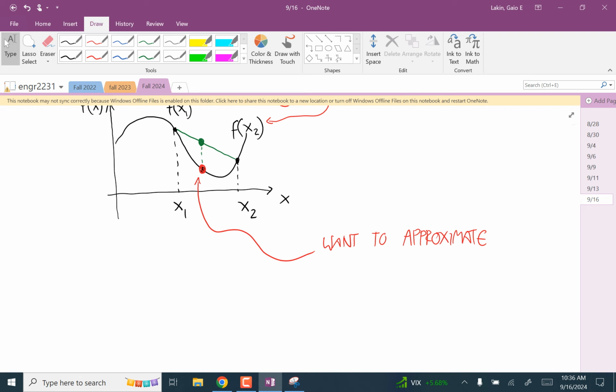And so to approximate this, I'm going to call this value x. That's where we want to approximate this function. So this x is the value we know. We know we want to be at x equals 2.69 or whatever, and we want to approximate f of 2.69.